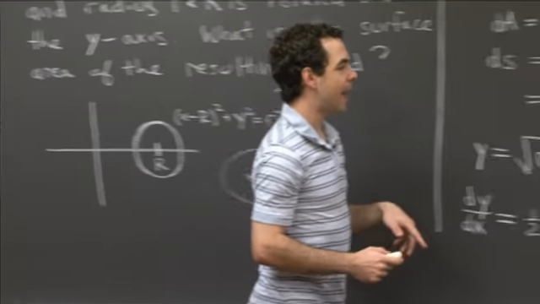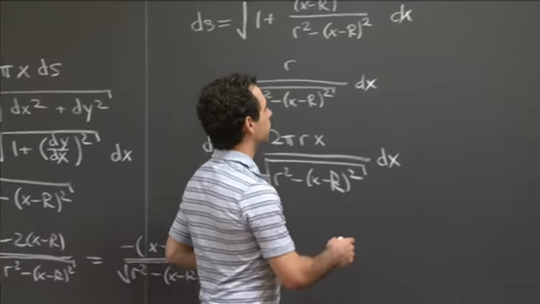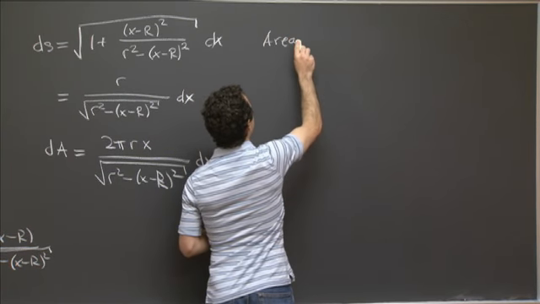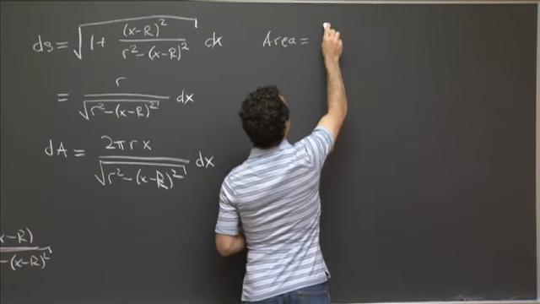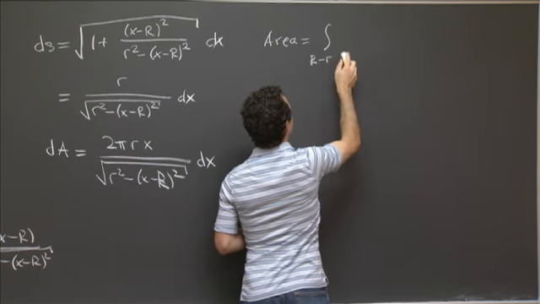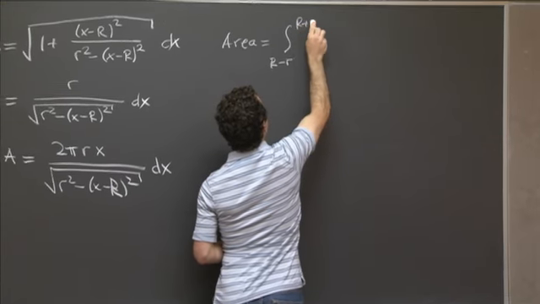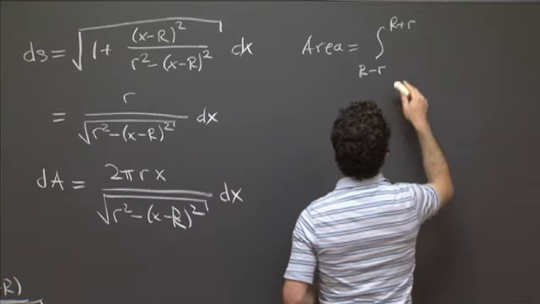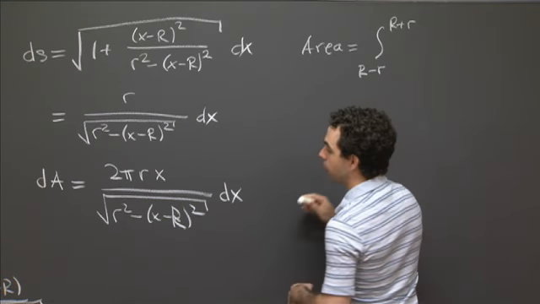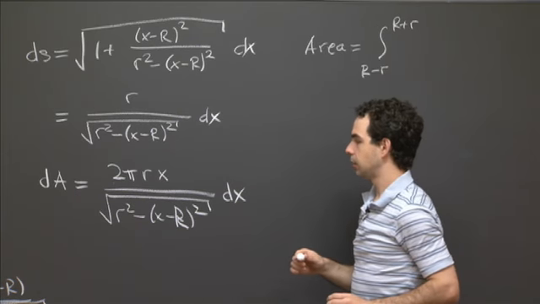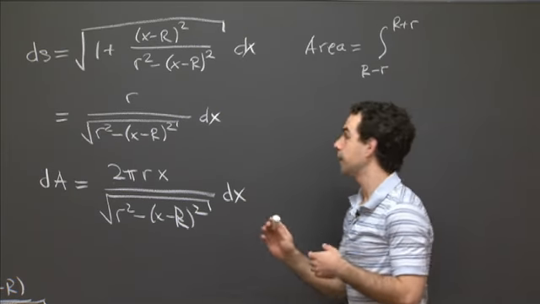So the bounds, I'm going to go up here. The area is what I get when I integrate dA, and I want to integrate it from x equals big R minus little r to big R plus little r. And dA is this thing I found just a moment ago. So 2 pi little r is a constant, I'm just going to factor that out in front.